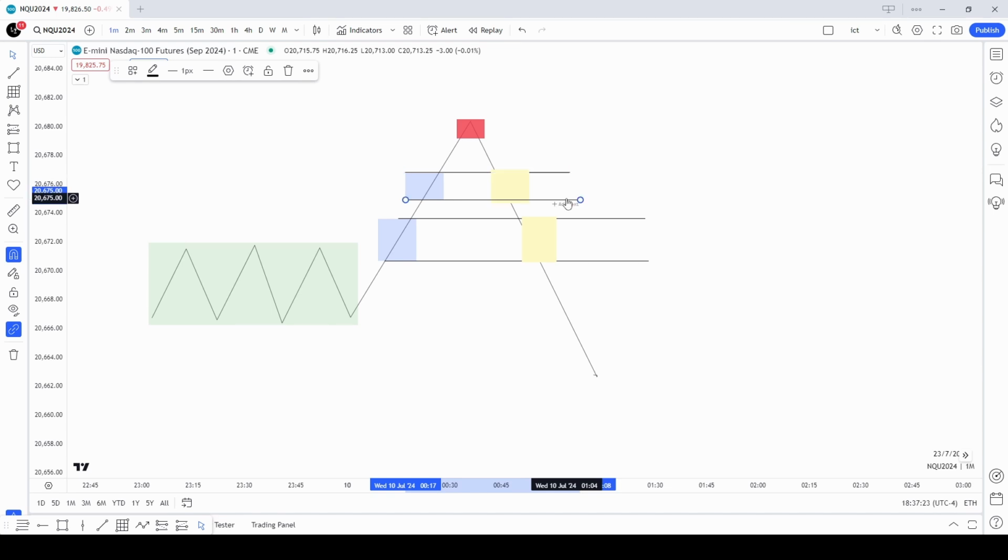Once we extend them out in time, we can anticipate fair value gaps, breakers, order blocks on the other side of the curve. So bearish order blocks, bearish breakers, bearish fair value gaps. This is where we can anticipate them to form. Old accumulation levels flipped and turned into new selling opportunities.